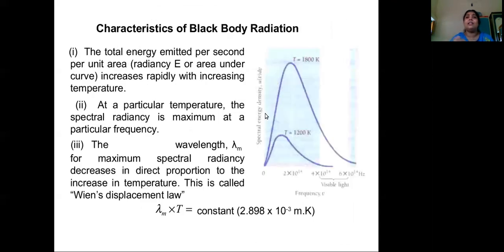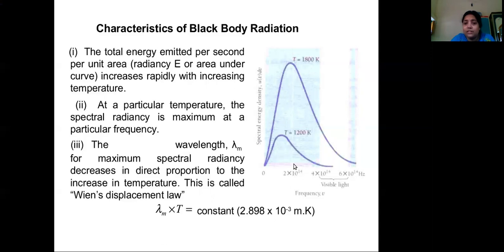Now, as I said, I will now discuss the intensity spectrum for black body radiation. Here we have plotted along the y-axis the energy density, u nu d nu, and along the x-axis the frequency. We see that the black body has emitted all wavelengths, but the rate is different for different wavelengths.